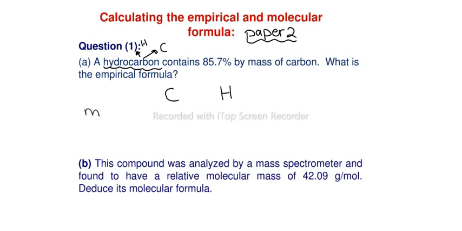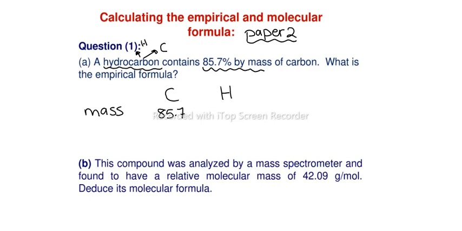After that, I'm going to put the mass of each. If you look, the question didn't give me the mass in grams. It gave me the percentage by mass. You can take it the same as the mass exactly. So it is 85.7. Don't round. Take the number exactly as given inside the question.